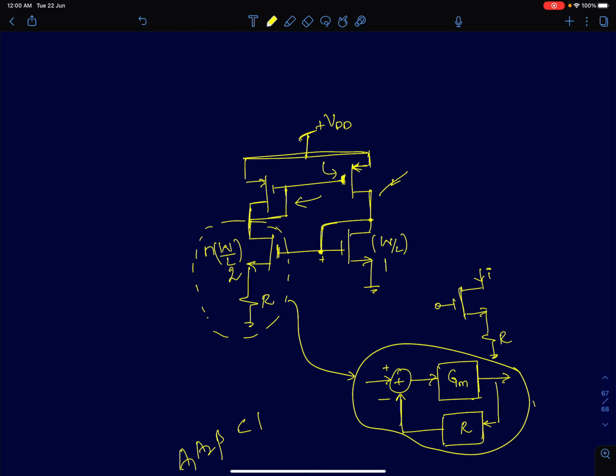The first question to answer is that yes, there is negative feedback, but this is a local negative feedback. There is a local loop here. This MOSFET and the resistor form a local negative feedback circuit. But as a whole, you can treat it as one simple transconductor. So we can't say that there is both negative and positive feedback in the circuit.